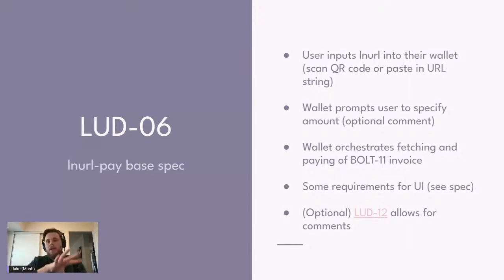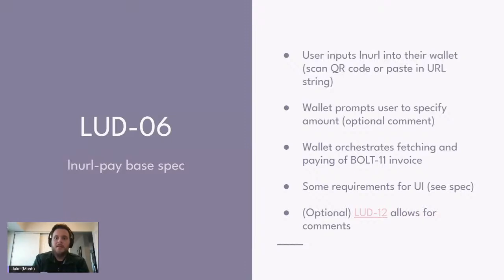So we know how to encode the URLs. How do we define what the flow is for what I showed before, where we're automating the requesting and generating of Bolt 11 invoices and paying them? LUD 6 gives this, which is the LNURL pay base spec.